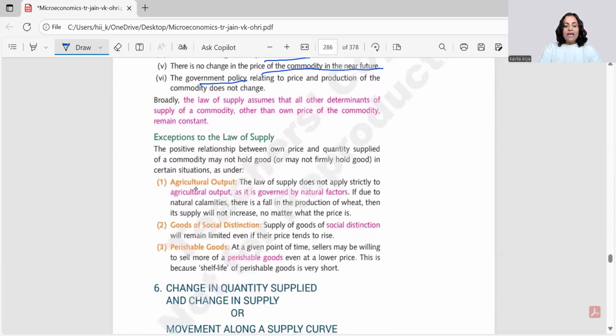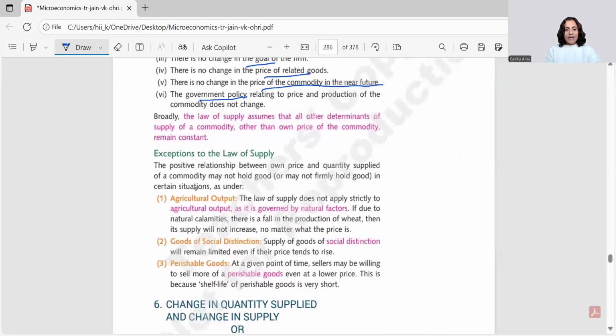And then we have the topic exceptions to the law of supply. What does that mean? When we say exceptions, how did we deal with it in demand? I just told you that when price of X and quantity of X are not going in the opposite direction, that becomes an exception. It means irrespective of increased price, the quantity is increasing, that's a case of exception.